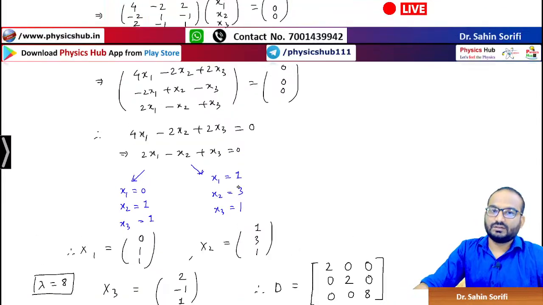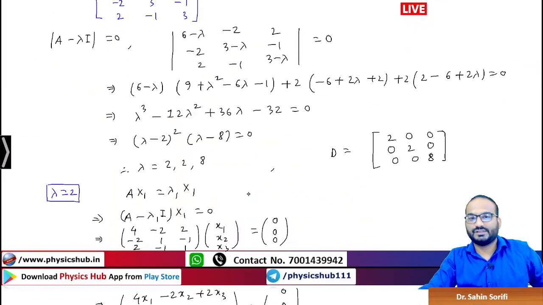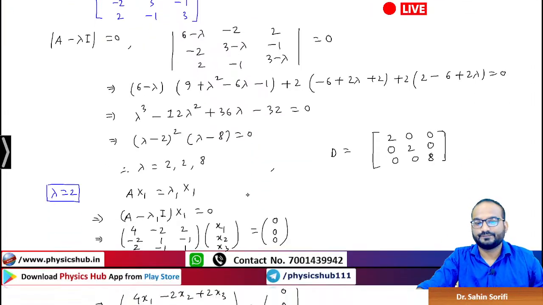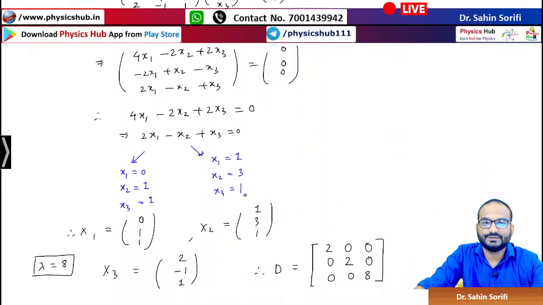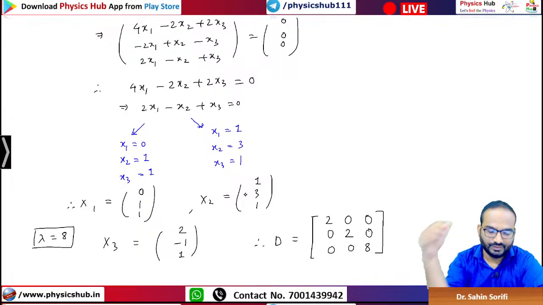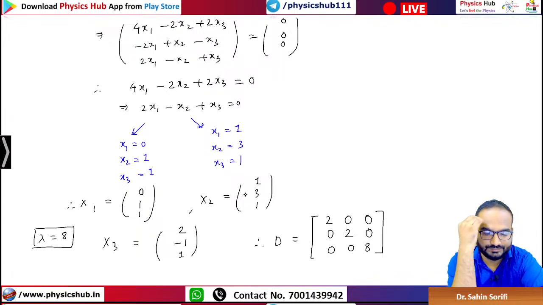So very straightforward. Look, if your concept is clear, everything will appear very easy, otherwise everything will be very complicated. I think you now have understood this process of diagonalization. Will you be able to handle everything now from diagonalization?